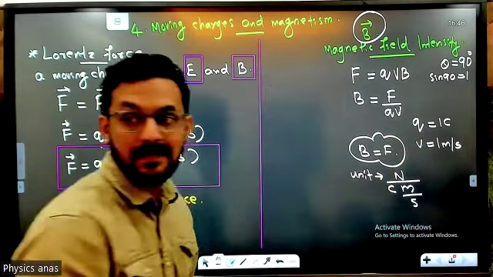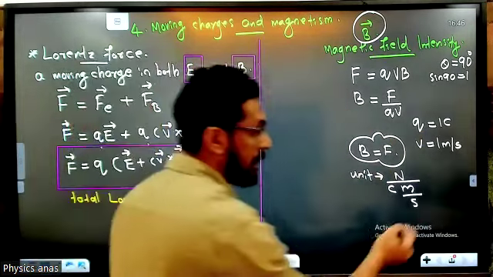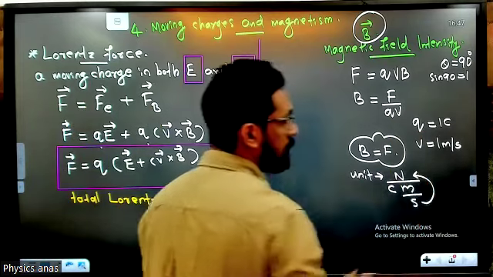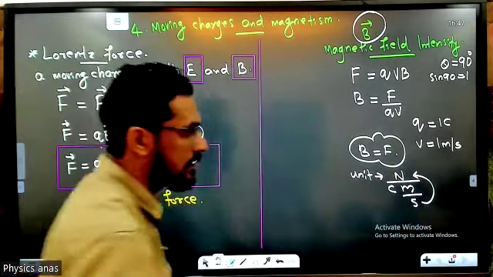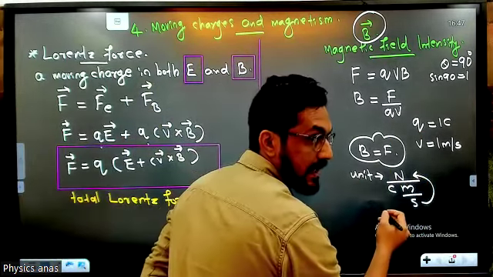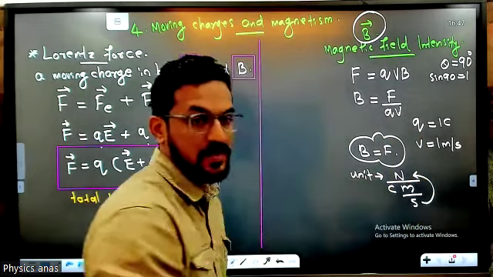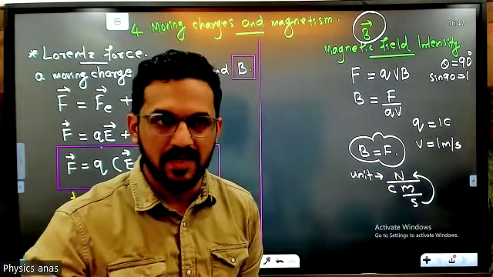What happens to the second? Second will be coming to the top. Then what is the equation? Newton second per Coulomb meter. That will be the unit.